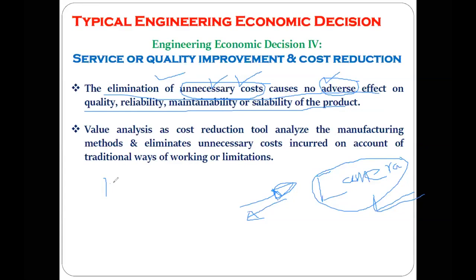Definitely increase, because you are giving the same quality. Understood? By doing cost reduction by avoiding such unnecessary cost, avoiding the number of reworks, avoiding wastage, your company can give the product to the customer at a lower price than your competitor with the same quality. If this happens, then definitely your company profit can increase.